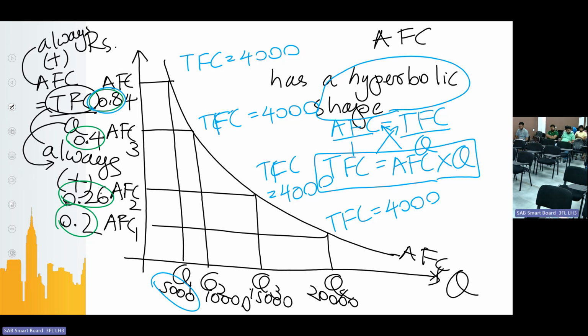TFC is always constant along the curve, but at different output levels we have different AFC values: a constant value divided by different output levels. So obviously, AFC decreases when output increases.